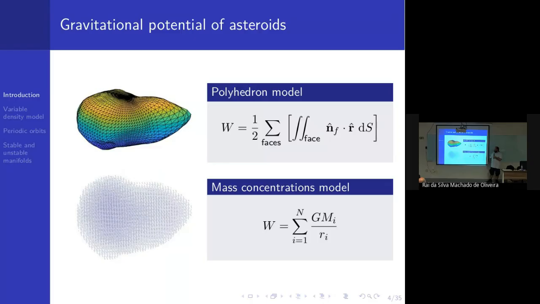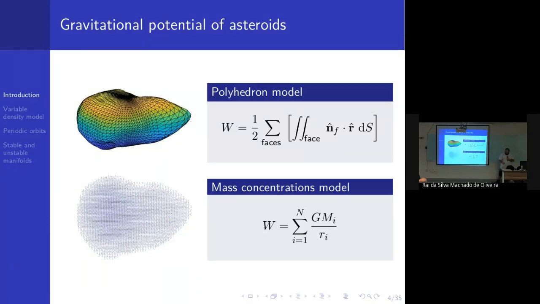Okay, so these two models are quite realistic, and when you plan to do some space missions, for example, if you want to send a spaceship to land on an asteroid, you want to compute the gravitational potential as precisely as possible.